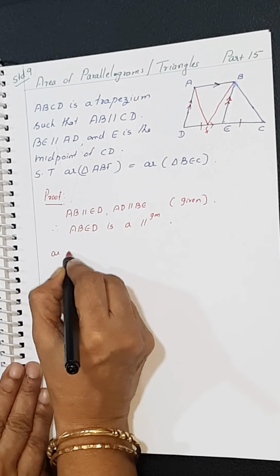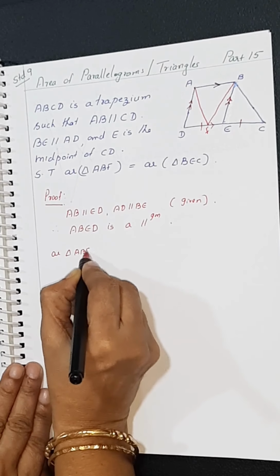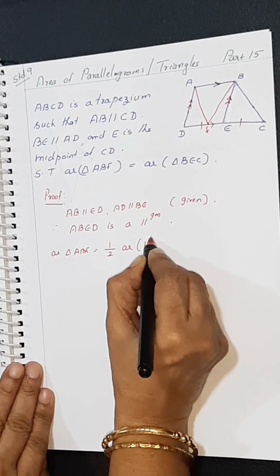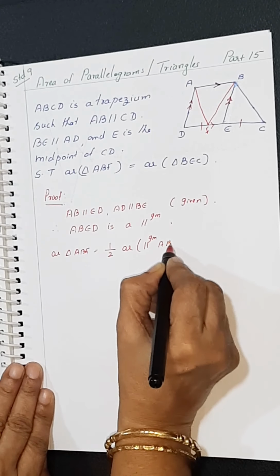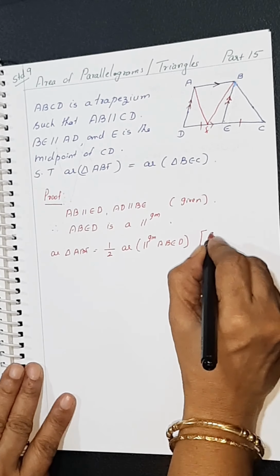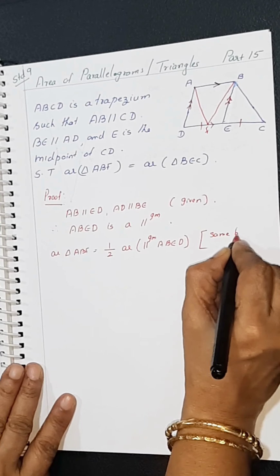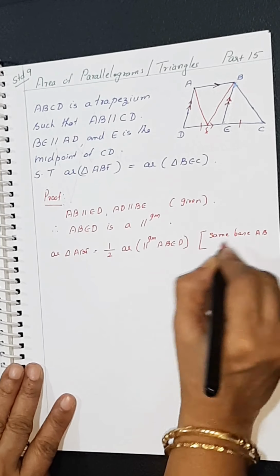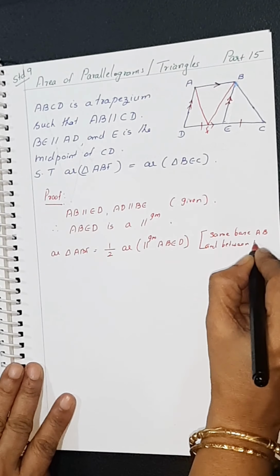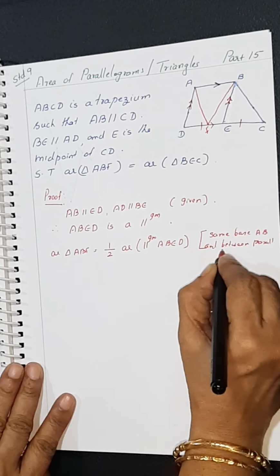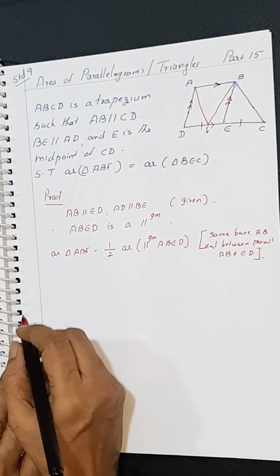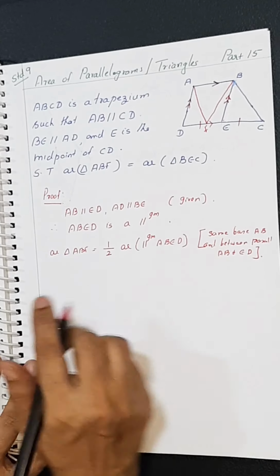Area of triangle ABF is equal to half of area of parallelogram ABED. You have to write the reason: same base AB and between parallels AB and ED. This is a theorem that we have learned.